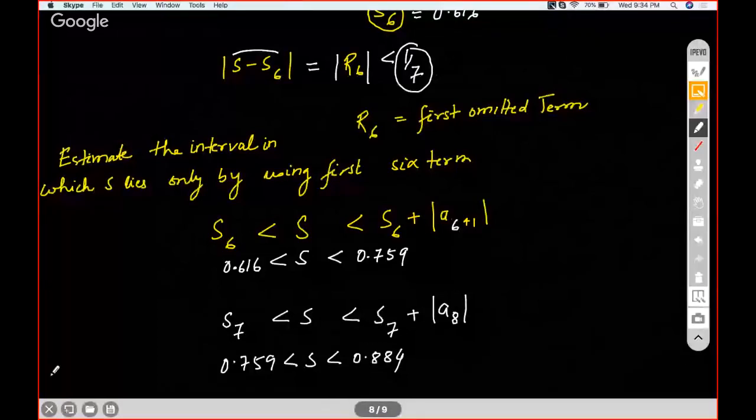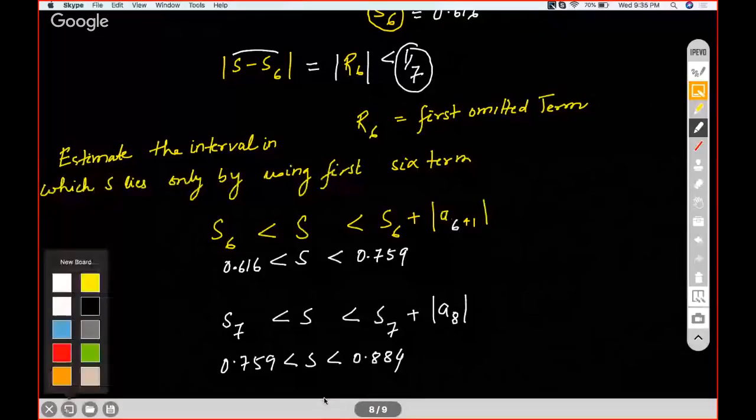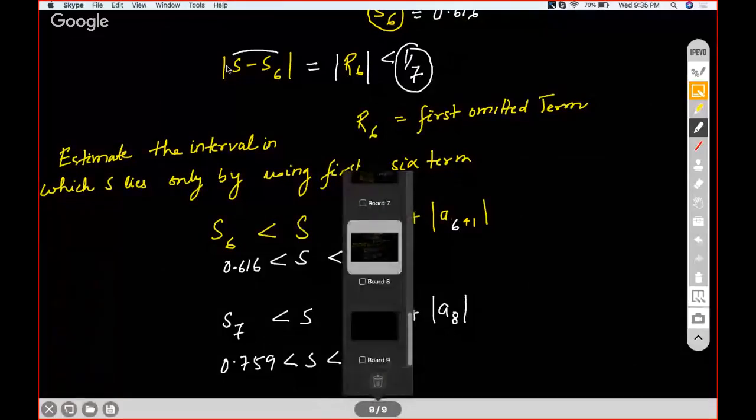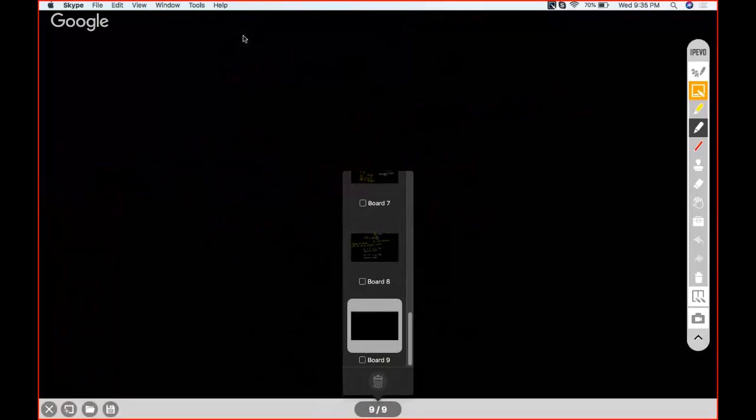Let's say a question that can be framed on this. Using the alternating series error bound, determine how many terms must be summed to approximate to 3 decimal places the value of this series. I'll read the question once again.